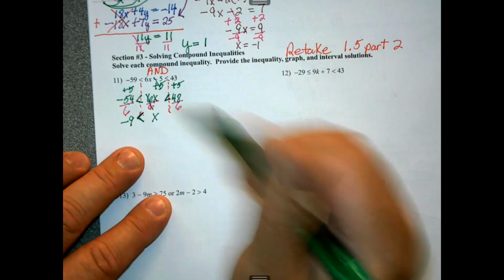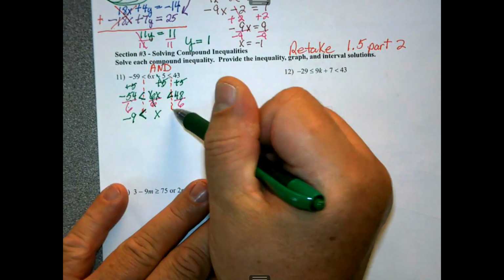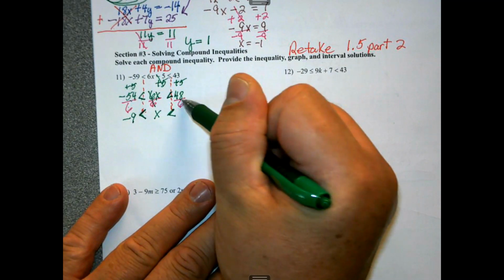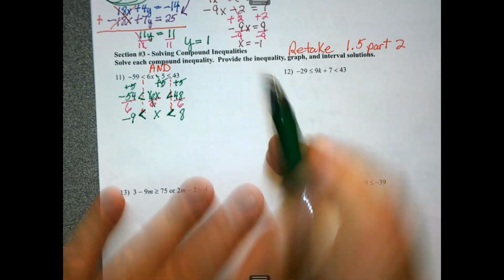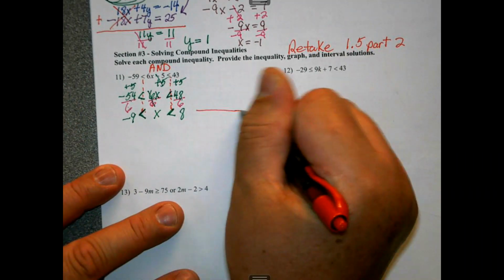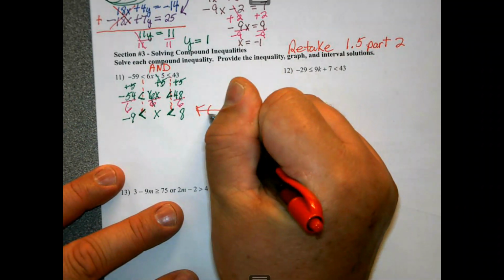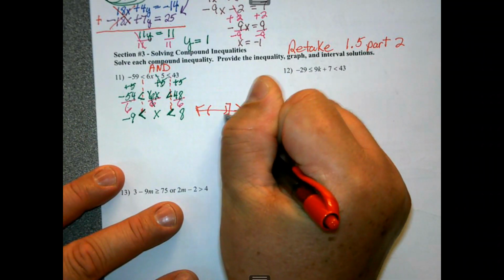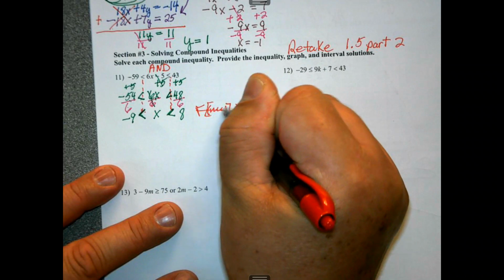We divide it by a positive. 48 divided by 6 is 8. There's my solution or inequality statement. It's an and, so it's going to be in between. We're going to shade in between, right? Whether it's a parenthesis or bracket, we're going to shade in between.